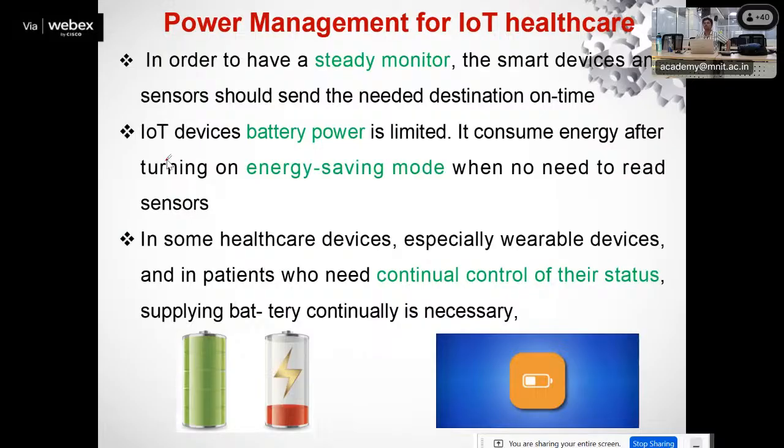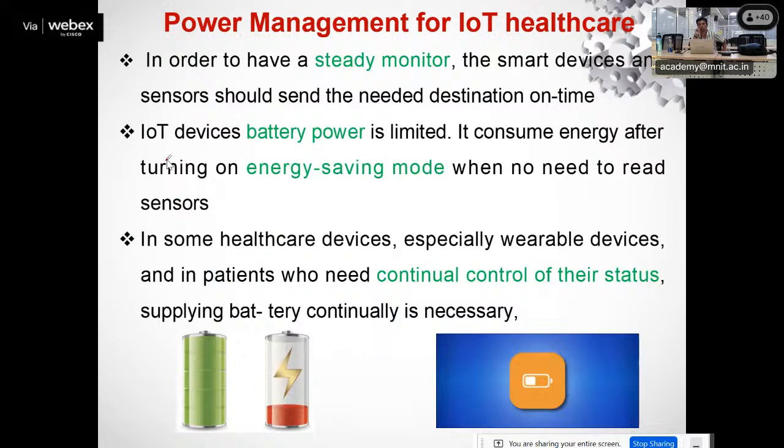And power management. Power management is also a very important aspect, because I want data to be captured 24/7. Most of the time when I use a wearable device, it is a portable device, and portable devices are mostly battery operated.